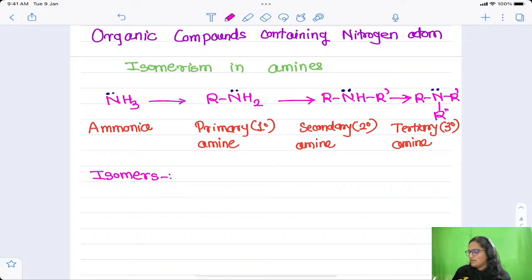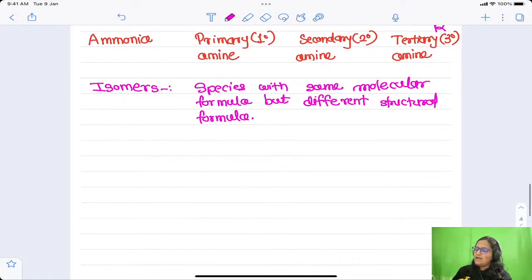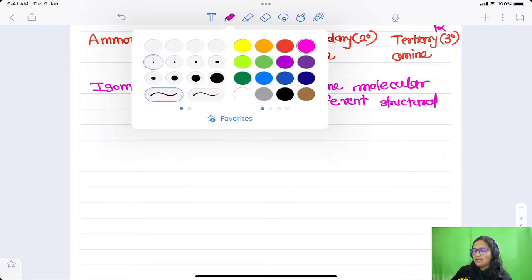Isomers are the species or structures with the same molecular formula but different structural formula. Molecular formula is the same but structural formula is different. Such structures are called isomers of each other, and the concept is called isomerism.